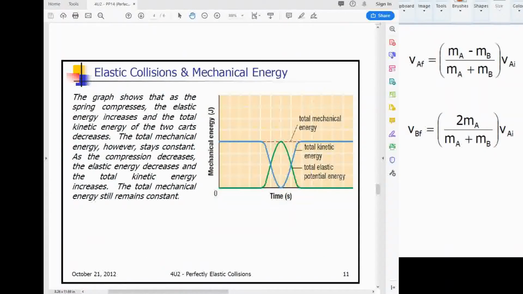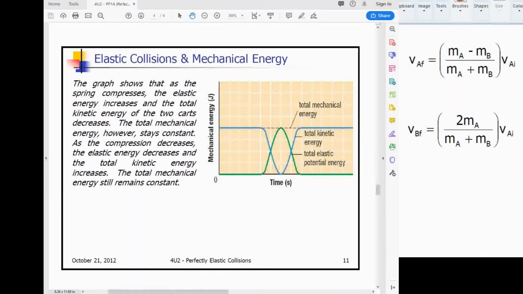And this shows you what's happening here. The graph shows that as the spring compresses, the elastic energy increases and the total kinetic energy of the two carts decreases. The total mechanical energy, however, stays constant. As the compression decreases, the elastic energy decreases and the total kinetic energy increases, but that total mechanical energy is still constant. So there's this moment of collision where we're losing kinetic energy and gaining elastic potential energy.